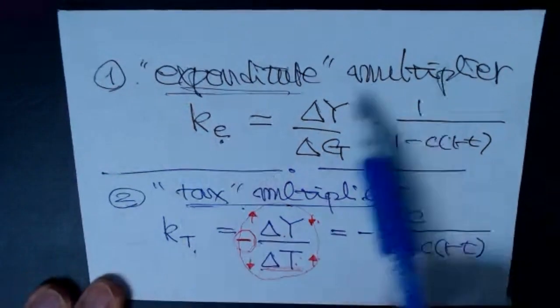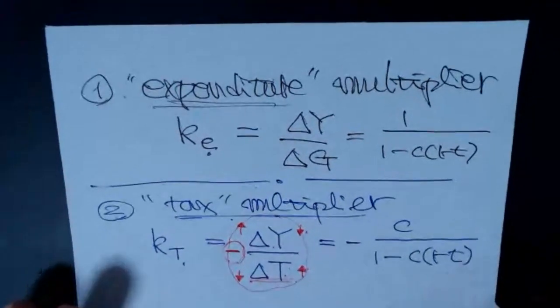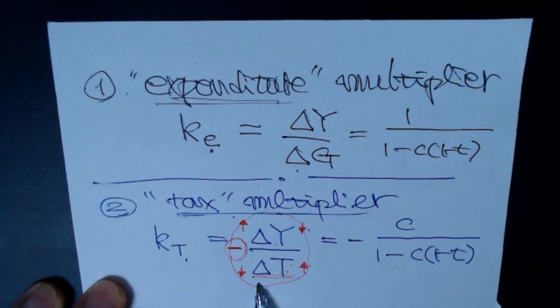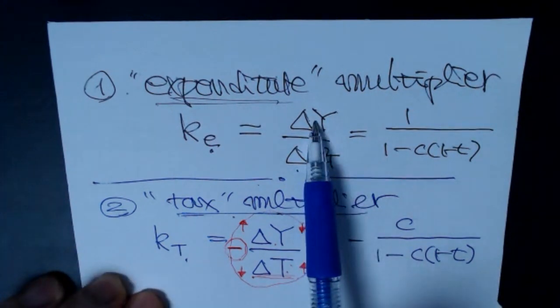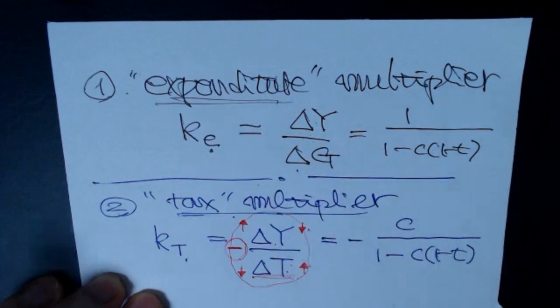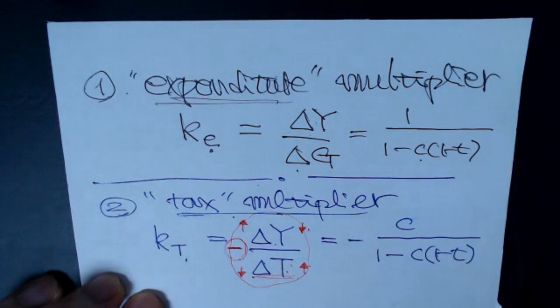Okay, so we have two types of multiplier. And where does this multiplier come from? From the idea that whenever government spending changes or tax changes, national output increases more than the original amount, multiplied. How many times it will be multiplied depends on the size of two things: marginal propensity to consume and tax rate, right?